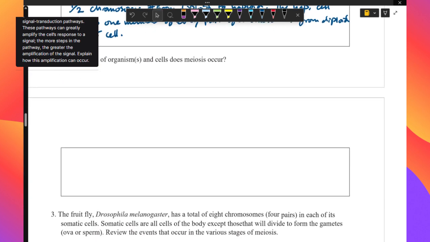In what types of organisms does meiosis occur? Meiosis occurs in all eukaryotic cells that will produce gametes, ova or sperm.